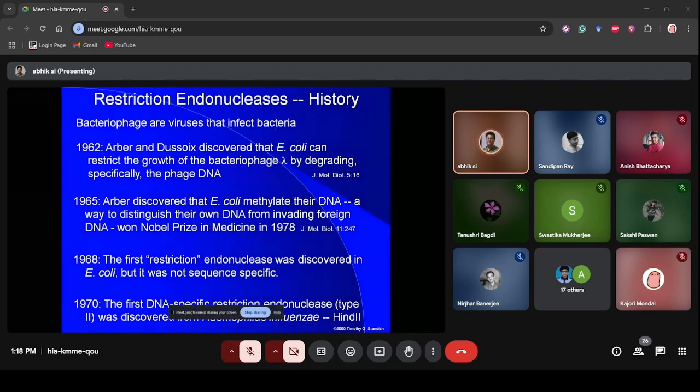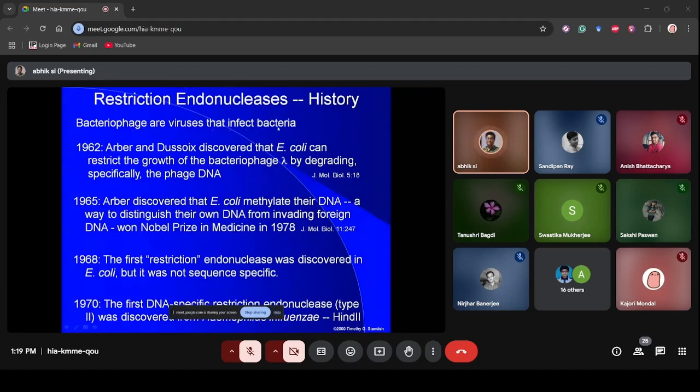Here the host cell is the bacteria. The phage dominates there, ultimately kills the bacteria, and produces huge amounts of newly produced phage. They come out after lysing the cell membrane of the bacteria and infect the surrounding cells, which will also be killed by these newly produced bacteriophages.